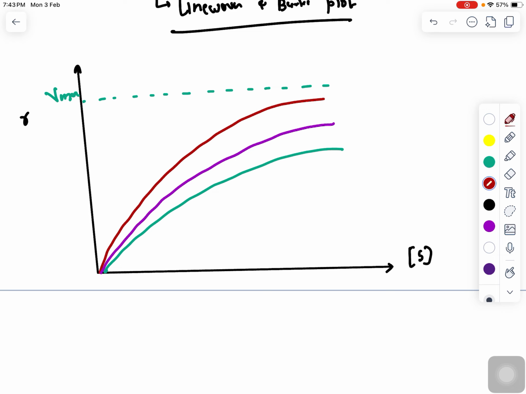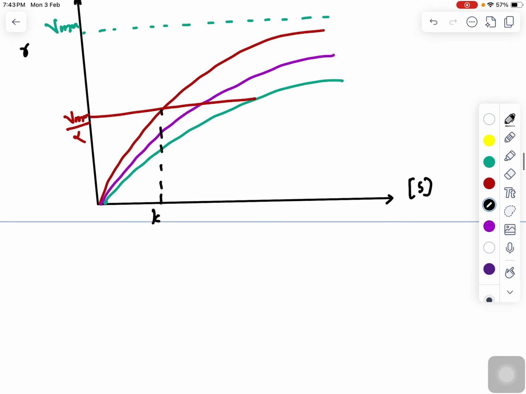If I want to calculate Vmax by 2 here, Vmax by 2 will give you the concentration of, let's say, Km1, the Michaelis constant Km2, and obviously Km3.